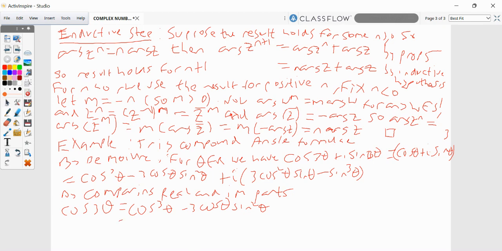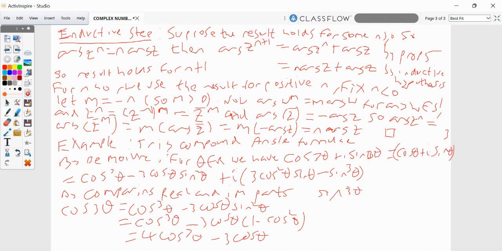And at this point here, you can tidy this up a little bit better than probably I can. Minus 3 cos theta, lots of 1 minus cos squared theta. Tidying that up, we get 4 cos cubed theta minus 3 cos theta. And you can do the same for sine of 3 theta as well, if you wanted to.